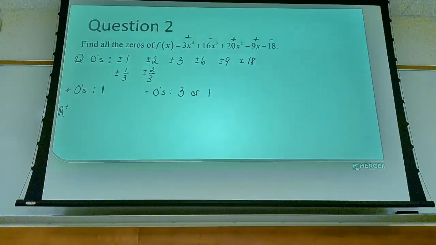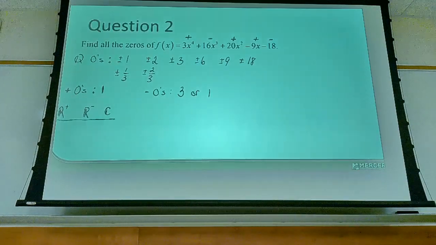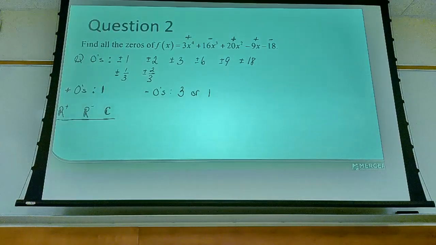Right, listing out our possibilities. So we know we're going to have one positive zero. We could have 3 negative zeros. What's the degree of our polynomial? 4. So we have to have 4 zeros total. 1 plus 3 is 4.